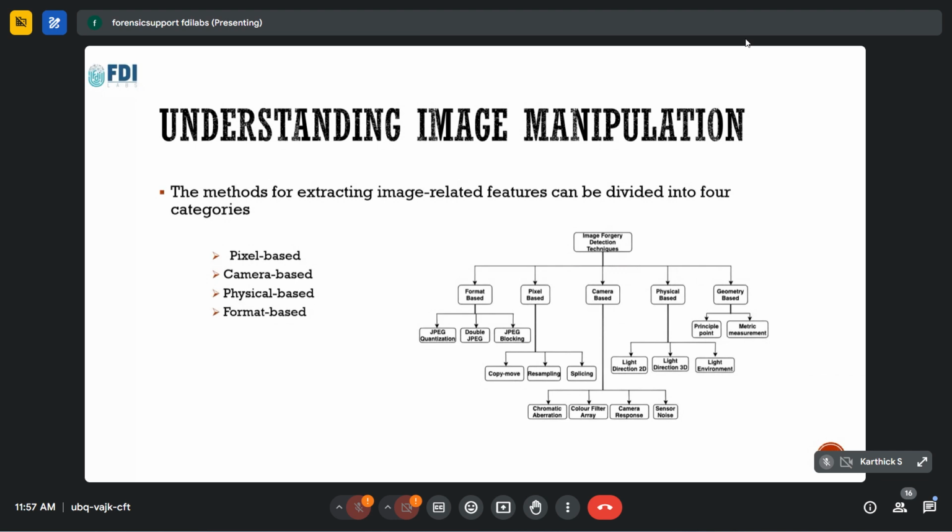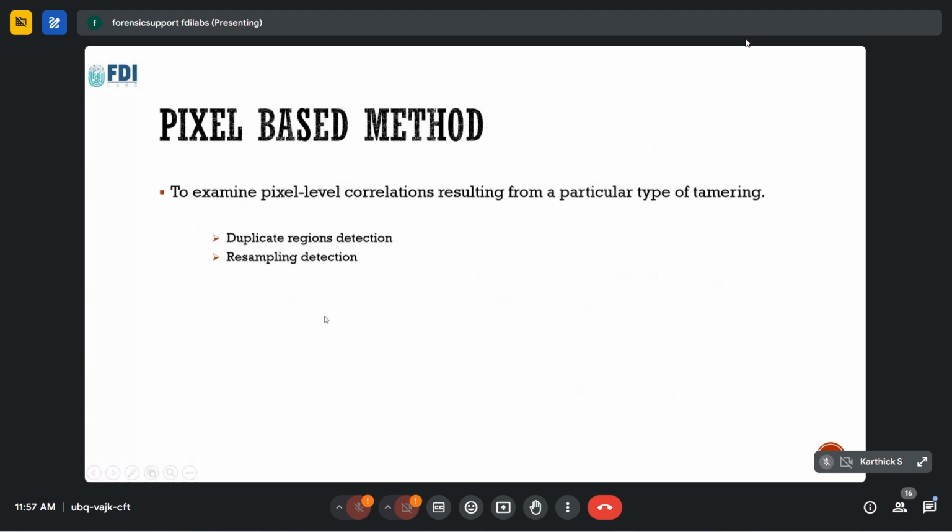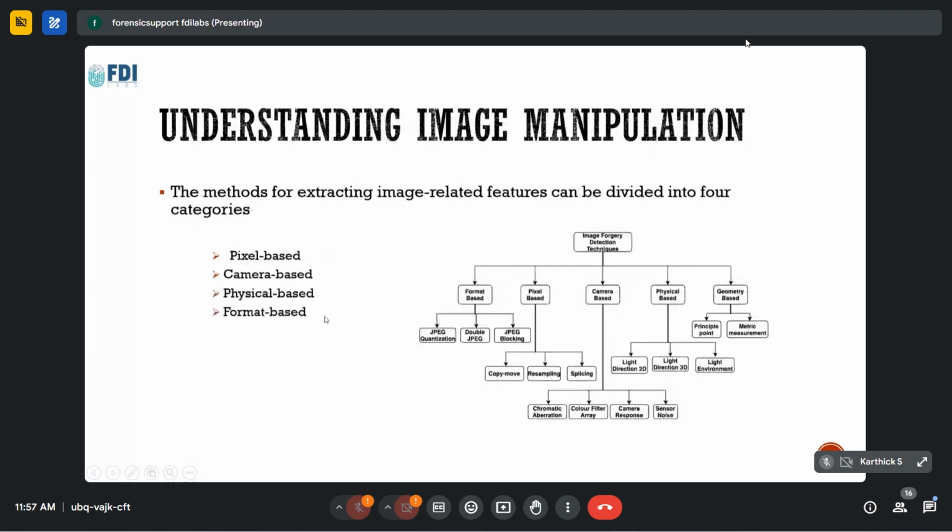So there are four techniques here: pixel based, camera based, physical based, and format based. I'll explain a short content about these types of passive techniques.